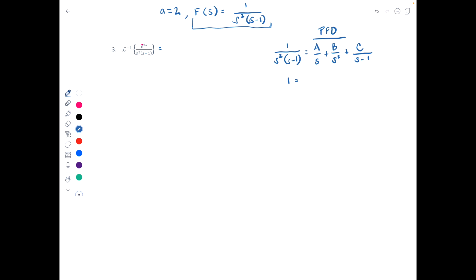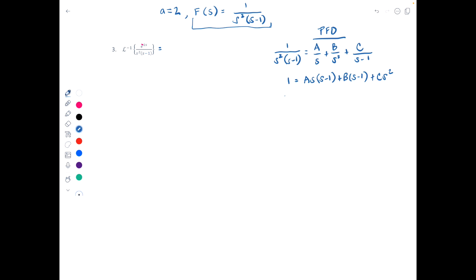1 would equal a times s minus 1 plus b times s minus 1 plus c times s squared.